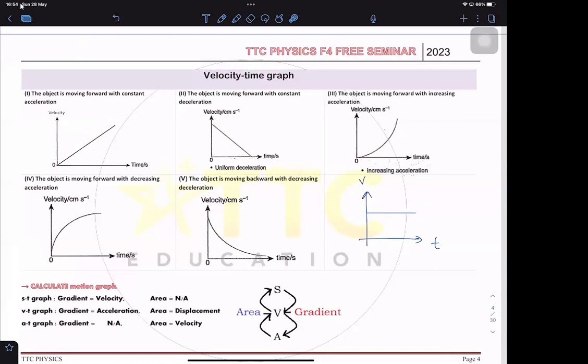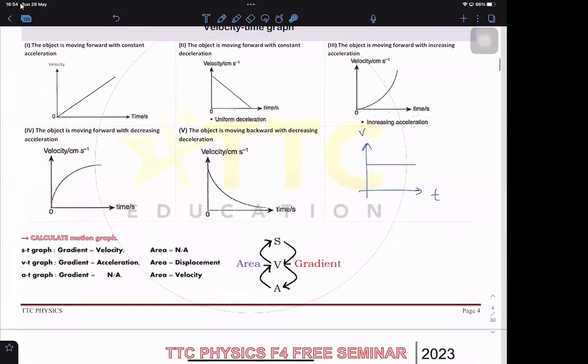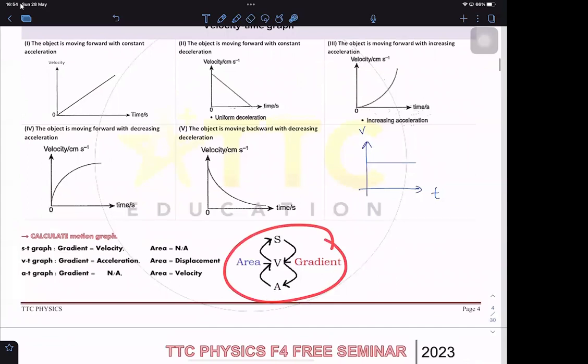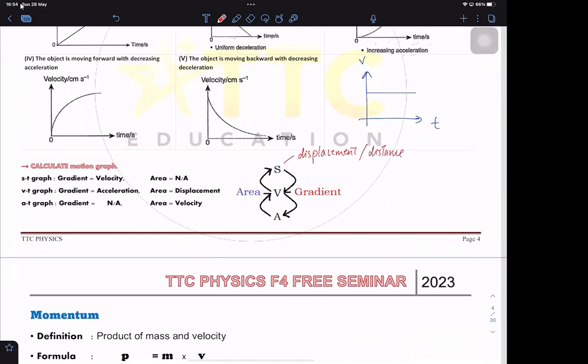Okay? Now, this one is very, very important for calculation because the question is not going to ask you to describe only. The question surely will ask you to calculate something. So this must be remembered. What is this? SVA. The S is displacement or distance. We don't really care which one.